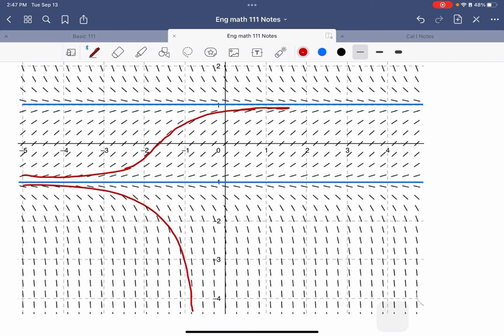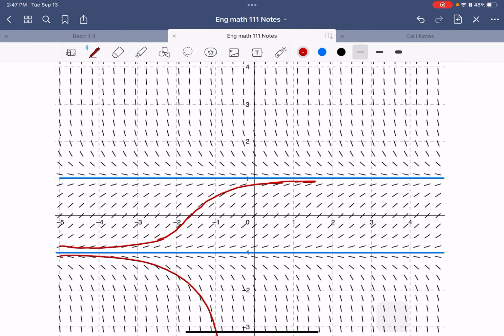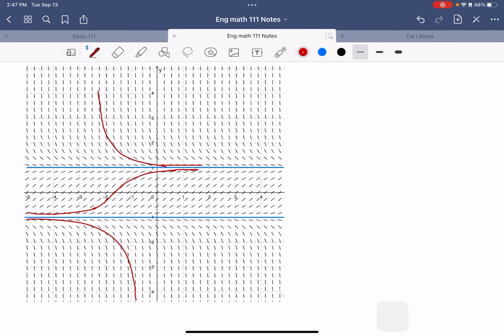When it goes to the left, it approaches y equals 1 in the limit, and the same thing on the top. It never reaches the blue line. Let me write that y equals 1 and y equals -1 act as asymptotes.